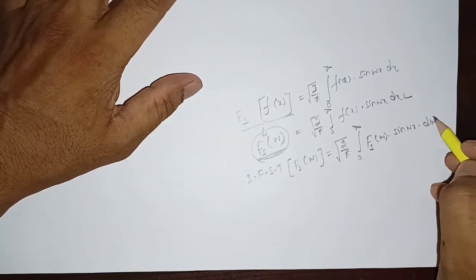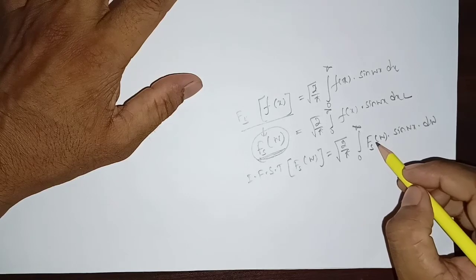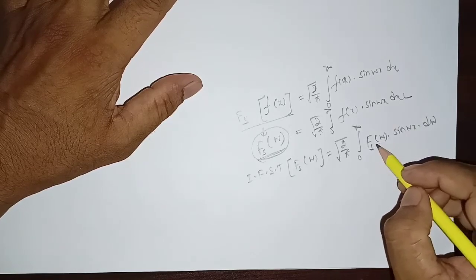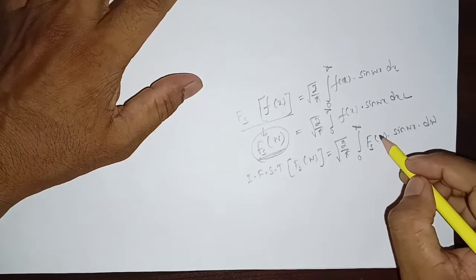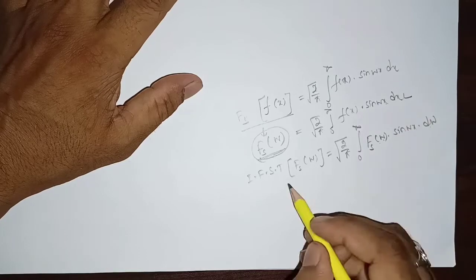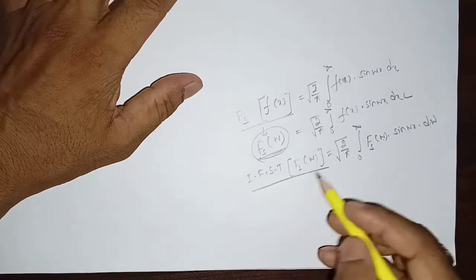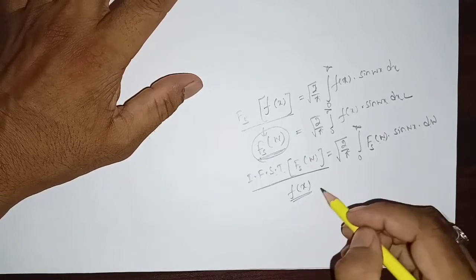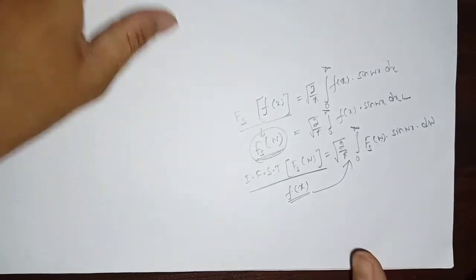Here Fs is a function of omega, and x is there. So the inverse Fourier sine transform of Fs(omega) is nothing but the original function f(x). These things we already know.